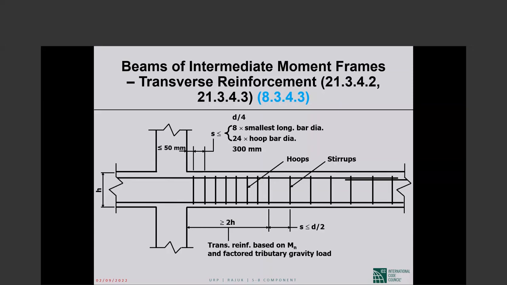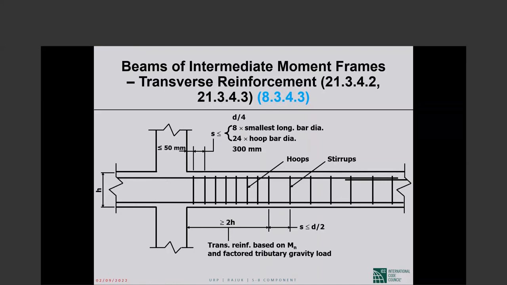The maximum spacing is what used to be the maximum spacing for special moment frame beams. Or if you are going by ACI 318-08, this spacing limitation is the same as for special moment frame beams. No difference: 1/4 of the effective depth, 8 times the smallest bar diameter, 24 times the hoop diameter, 12 inches.